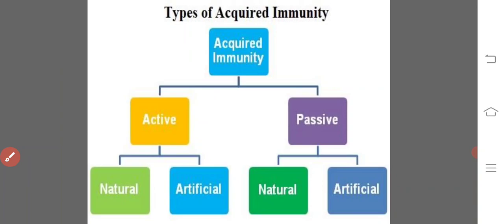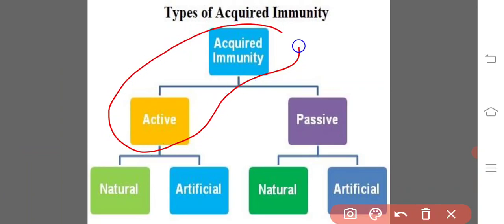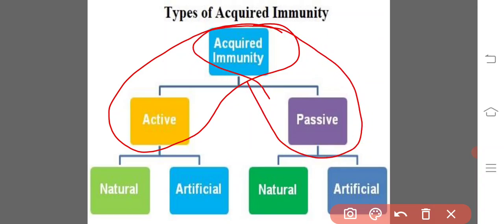And here we will see the types of acquired immunity. Acquired immunity is classified into two types: active acquired immunity and passive acquired immunity.